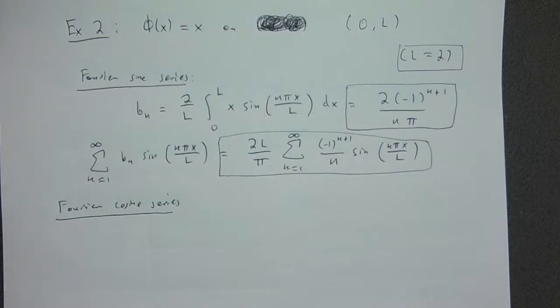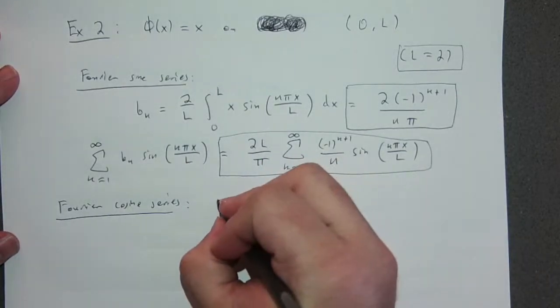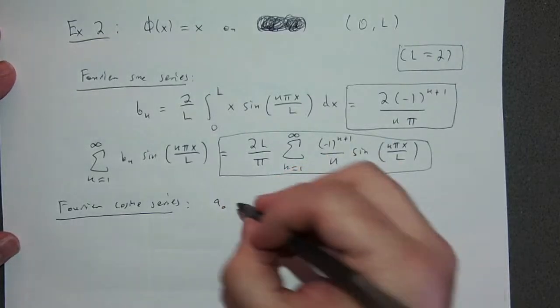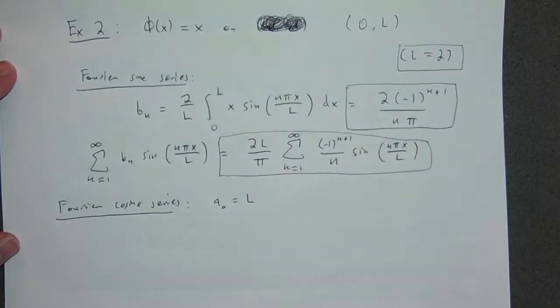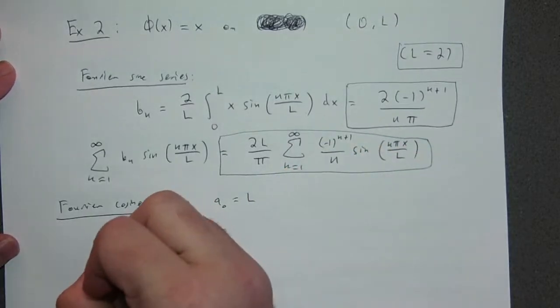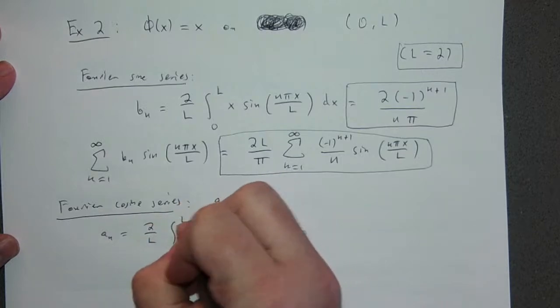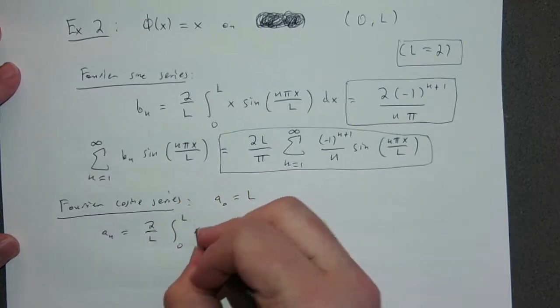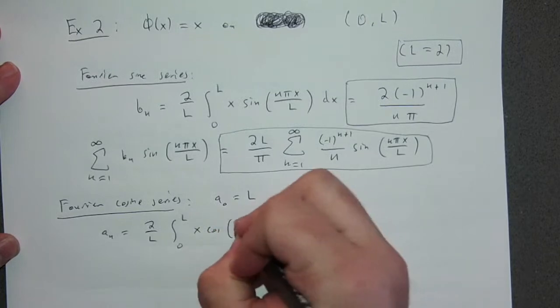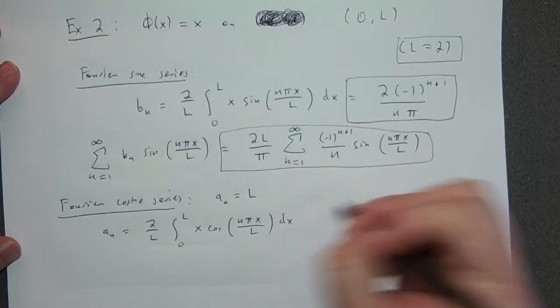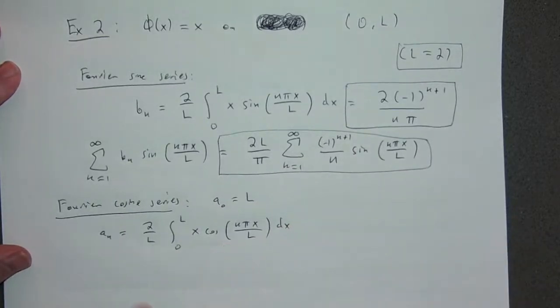What about the Fourier cosine series? Well, let's compute in the A naught case. A naught is L, right, which you can directly compute. A sub n is 2 over L times the integral from 0 to L of x cosine of n pi x over L dx. Now this is no longer 0 for all of these n, right?